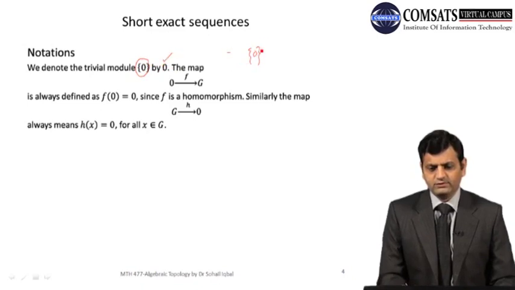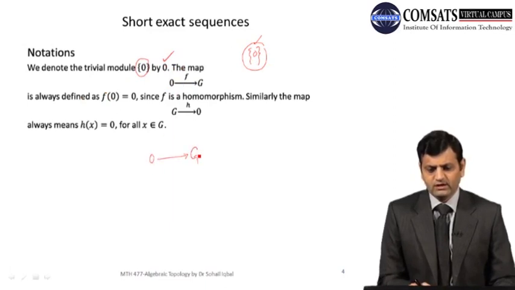Of course this is a module, because it is an abelian group under addition, and we can define the action of any ring on this set, and we will denote this only by 0. And this map from 0 to some R module G is always defined as f of 0 is equal to 0. So why is it defined like this?